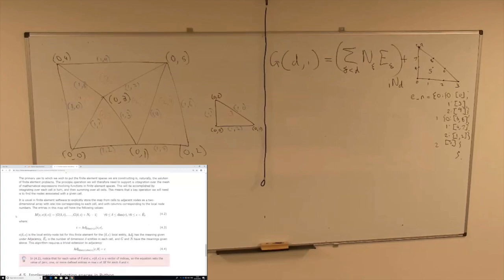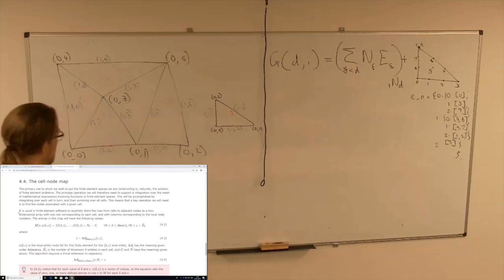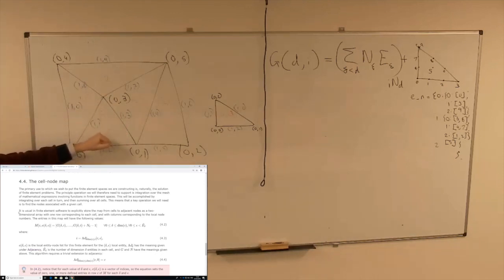So now we get to the crux maneuver, because what we're going to do when we integrate a function over a finite element space is we're going to visit each cell in turn and access the data on that cell.